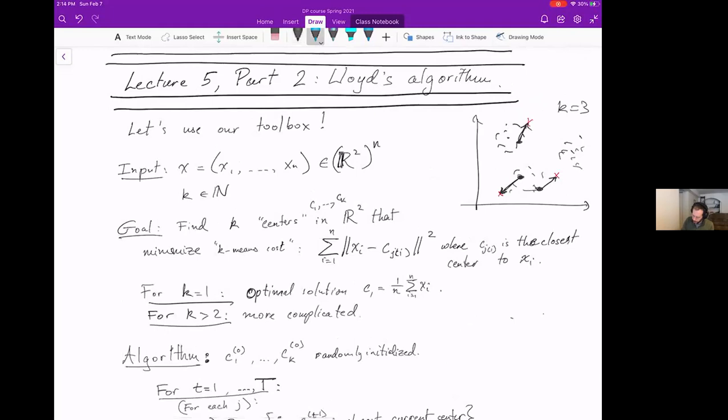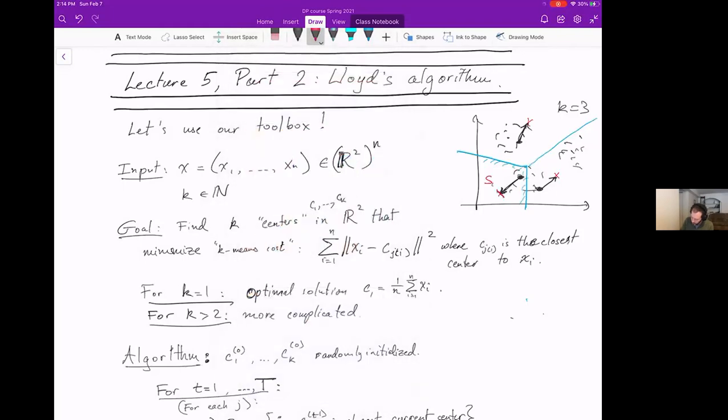The picture you should have in mind is that these red points divide space into three regions. These are the points that are closest to this cluster center here.